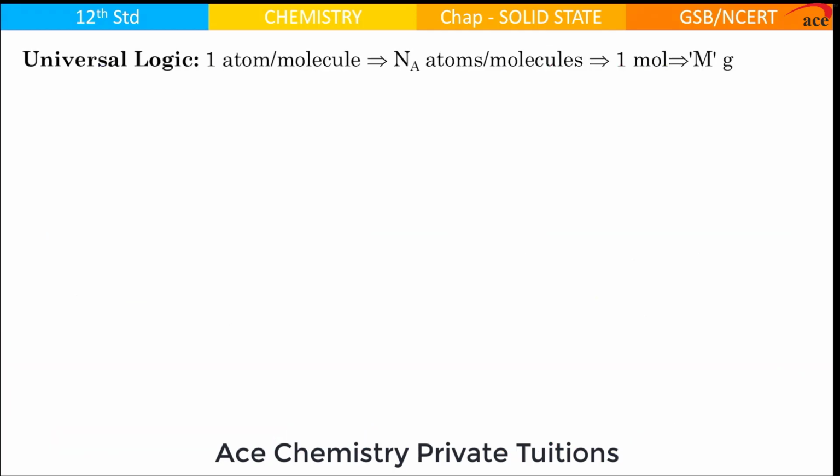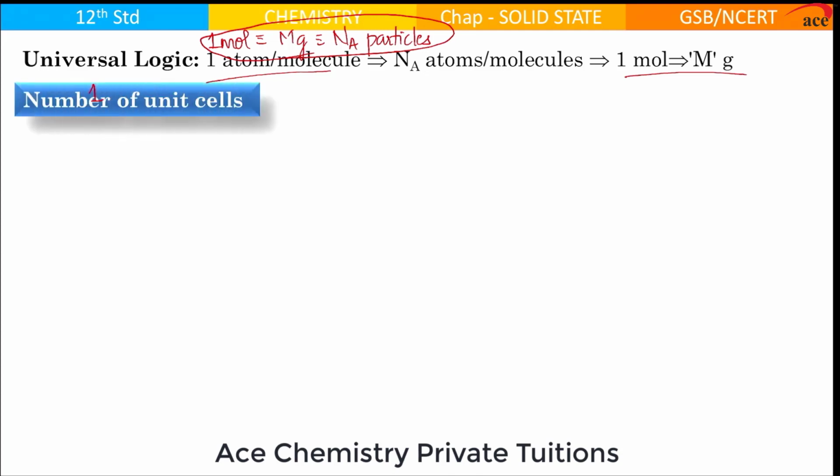Now, this is mole concept. If you are aware, in mole concept, you can connect molecule with mass by a concept: 1 mole of any substance stands for M gram, and M gram stands for Na number of particles. From this you can connect particles and the mass, or particles and the mole.